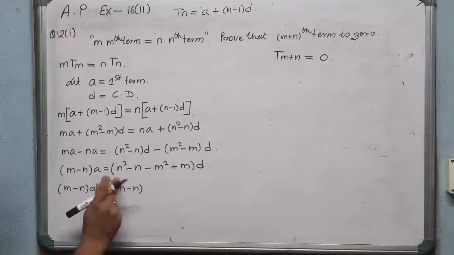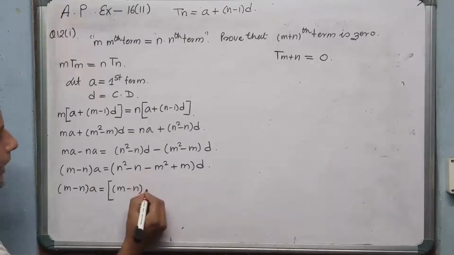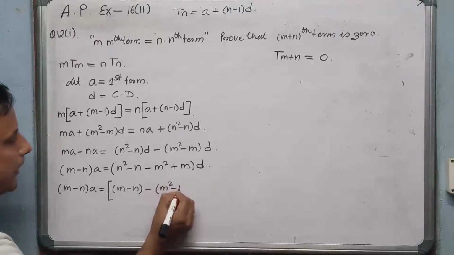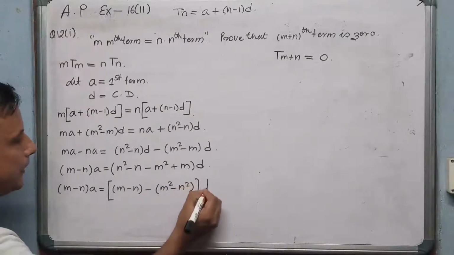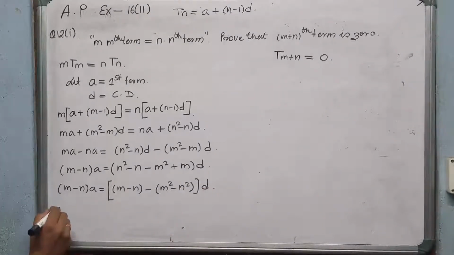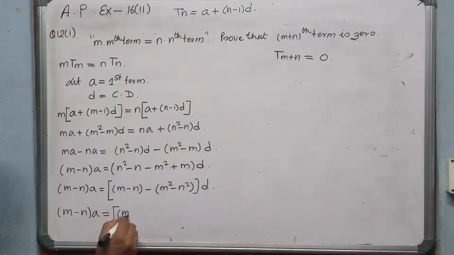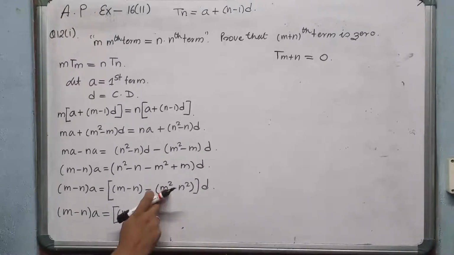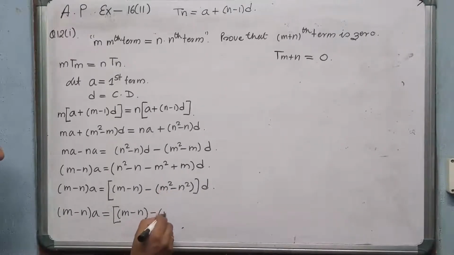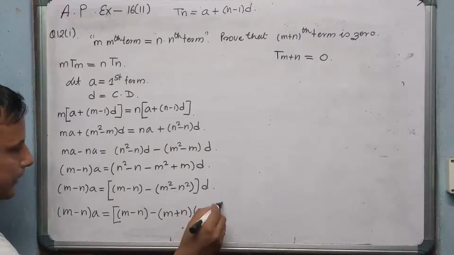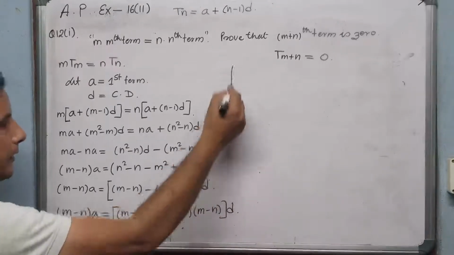Now from n square minus m square, I'll take minus common, so this one will be (m square minus n square) into d. Then (m minus n) into a is equal to (m minus n) into, in terms of the a square minus b square formula, (m plus n) into (m minus n) into d.